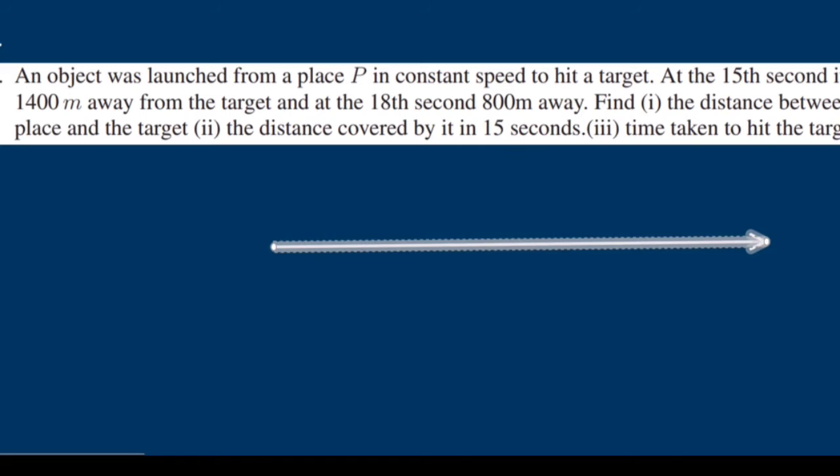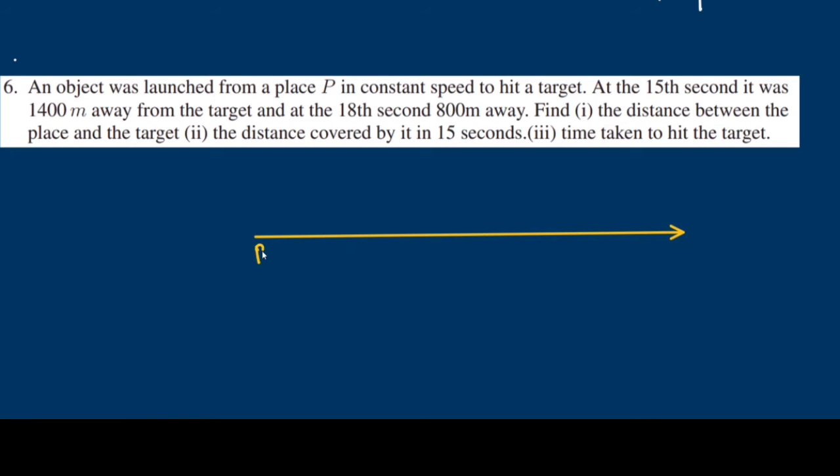So an object was launched at the point P to hit a target. So the target is somewhere here. At the 15th second, when t is 15, the target is how many meters away? 1400.